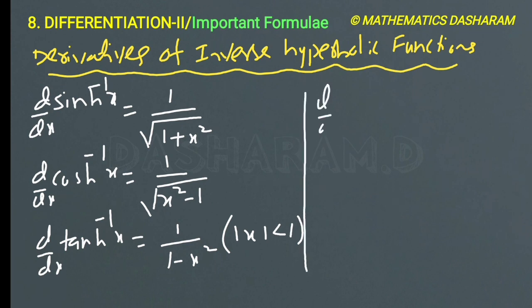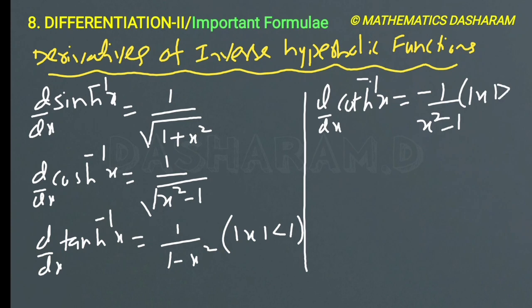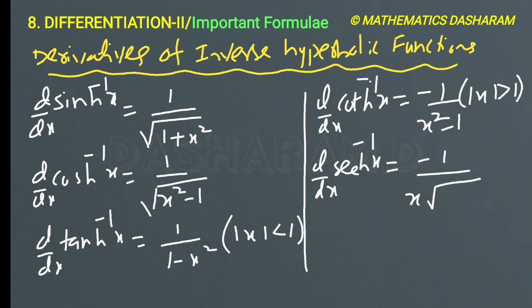Next, derivative of coth inverse x equal to minus 1 divided by x squared minus 1. So mod x is greater than 1 in this. Next, derivative of sech inverse x equal to minus 1 divided by x into under root 1 minus x squared.